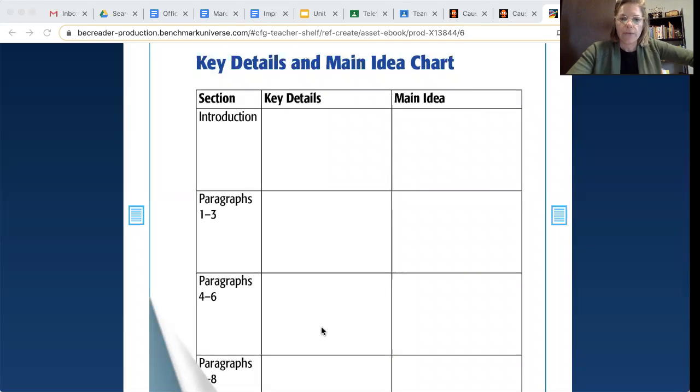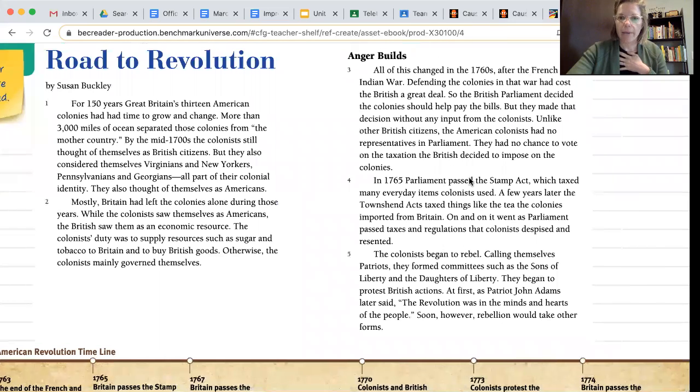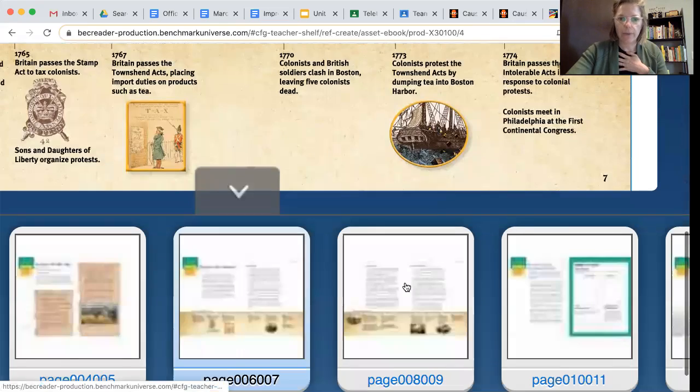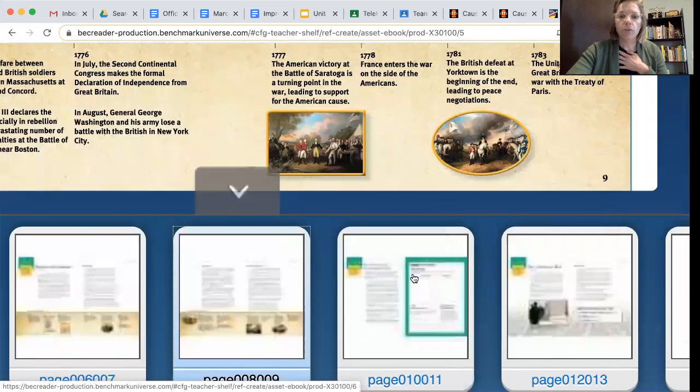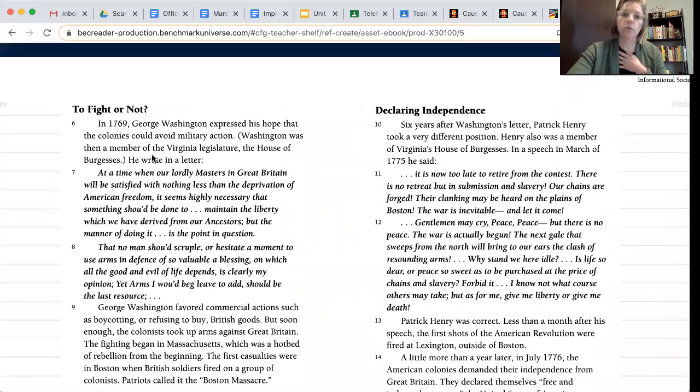You're going to see that anger is building. So a conflict happened and things weren't so happy anymore between the American colonies and the British government. What happened? And then you're going to see on the next 2 pages the way that 2 different people thought that the conflict should be resolved. George Washington and Patrick Henry.